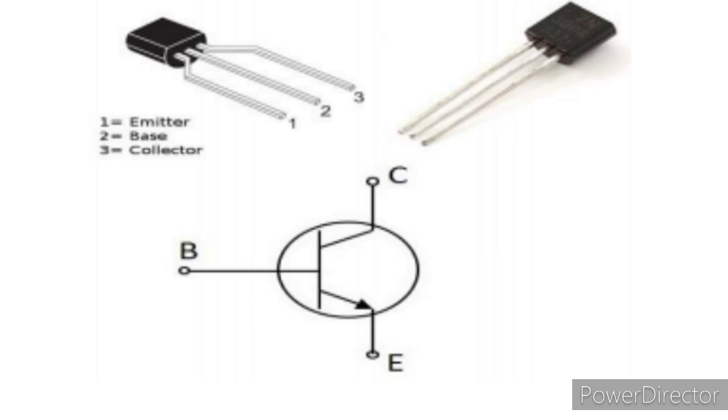It has two types of configuration, NPN and PNP. Usually the NPN transistor is prepared for the sake of convenience. The following image shows how a practical BJT looks like. The types of BJT are NPN and PNP transistor.